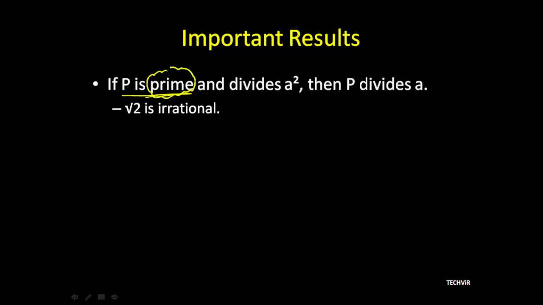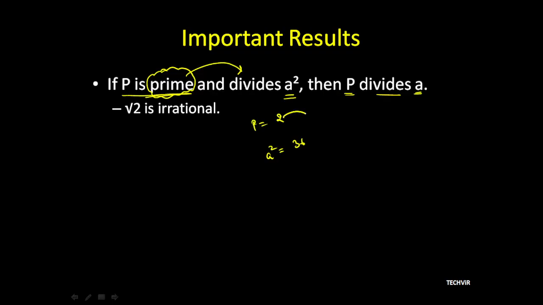If P is a prime number, and if this prime number divides a number a square, then P will divide a as well. For example, say P is equal to 2 and a square is equal to 36.